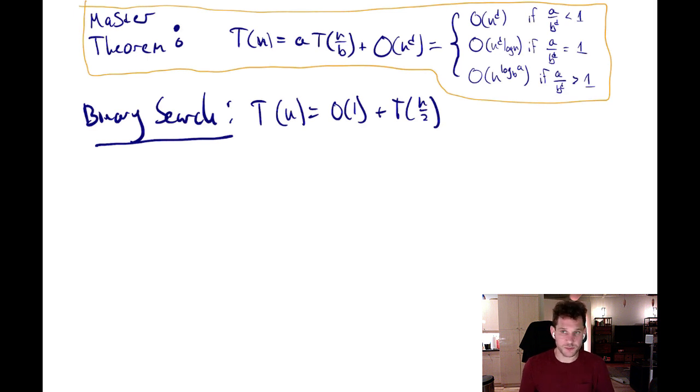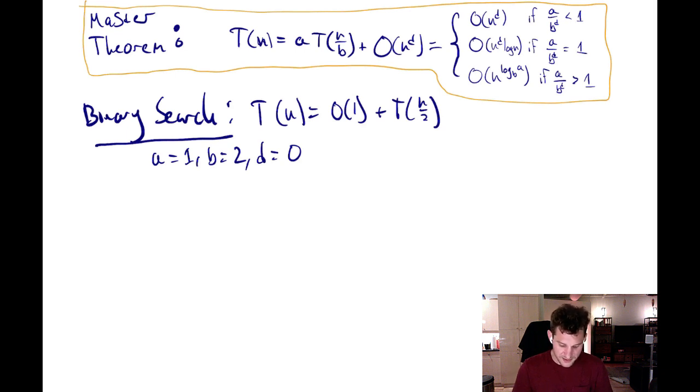In this case, let's just plug in the numbers. Here we have a equals 1, b equals 2, because it's n over 2, and d equals 0. Now we have to check, is a over b to the d greater than 1?